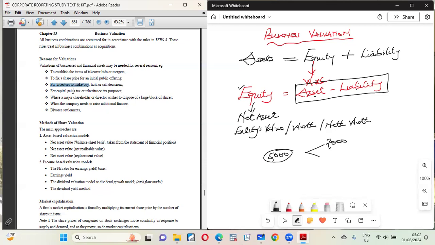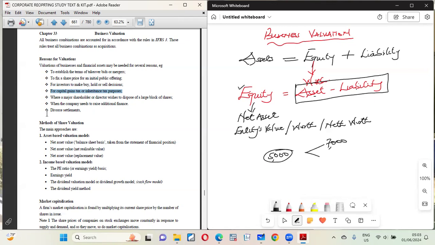For the tax authorities, they use it to calculate capital gains taxes. Because if I am able to value the business at this amount, then if you sell it, I can find the cost, then I can also find the value of selling the asset, then I can tax you on capital gain.